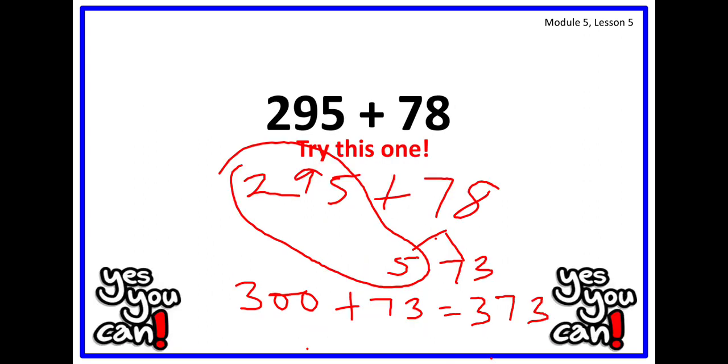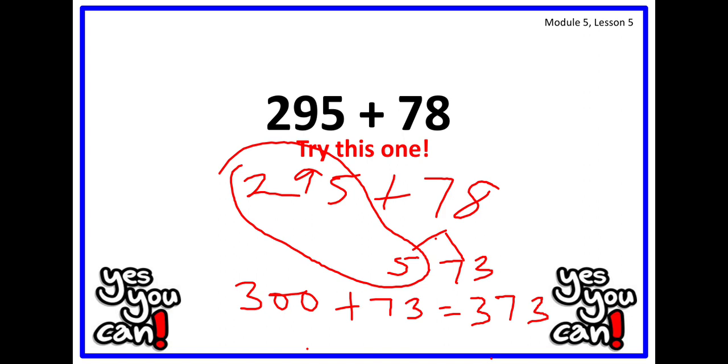The same thing applied here. We broke the 78. Why? 295 is close to a multiple of 100. Also, 78 is close to a multiple of 100 also. But 295 is more close to a multiple of 100. 78 is close to the next multiple of 10.